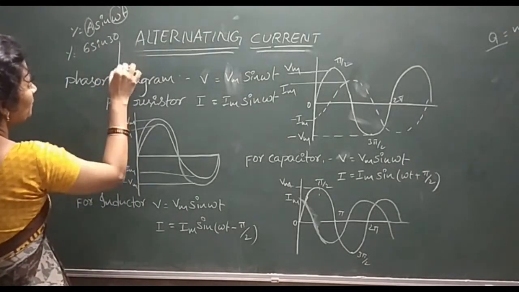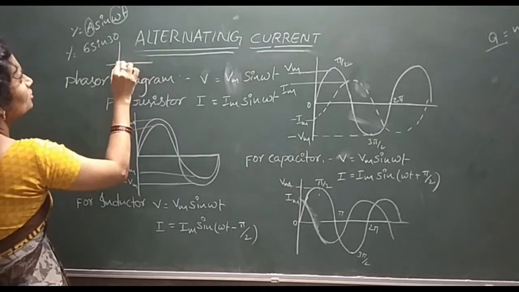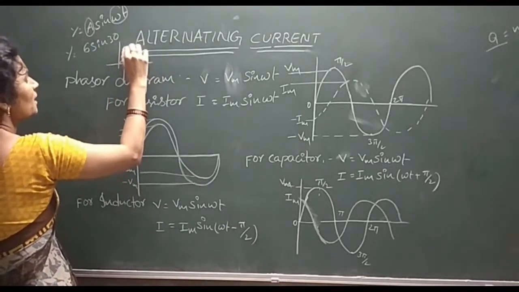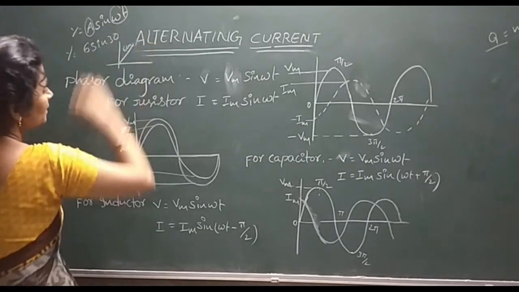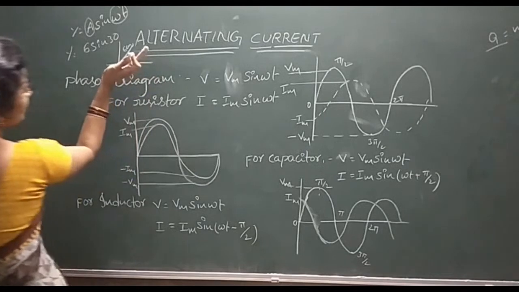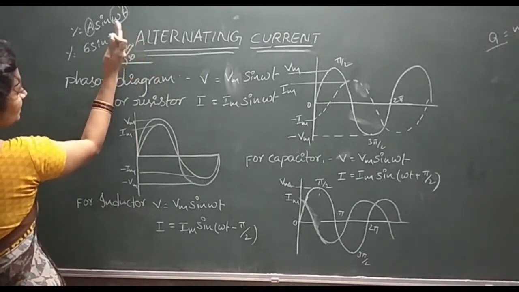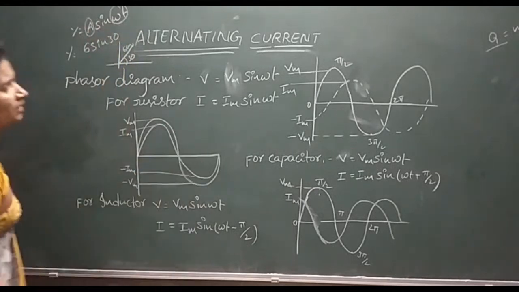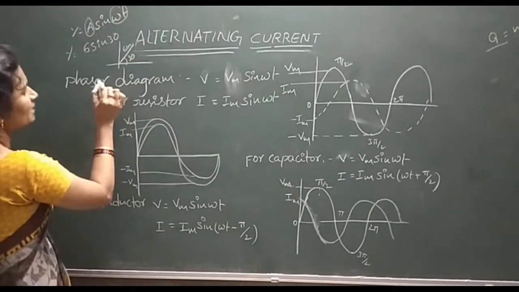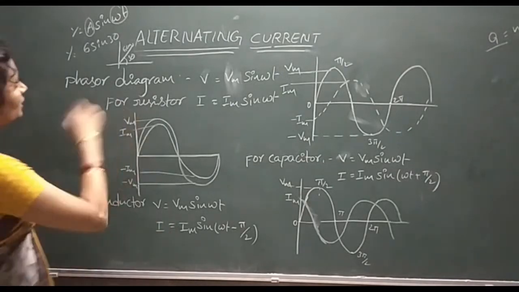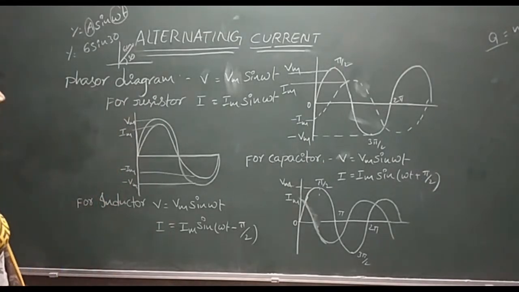Suppose this is a graph. This is a vector, with amplitude 6 centimeters, and this is the angle 30. The angle may be 30, 60, 90, and so on. The angle varies, so that's why a phasor diagram is a rotating vector with respect to the origin.